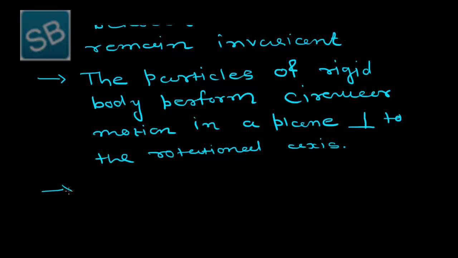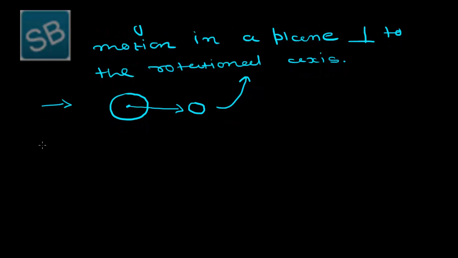Now suppose we take the center of the circular path of every particle as a reference point. Then the angular momentum of the particle will also be along the rotational axis. And so I can find the total angular momentum of the particles of a rigid body.